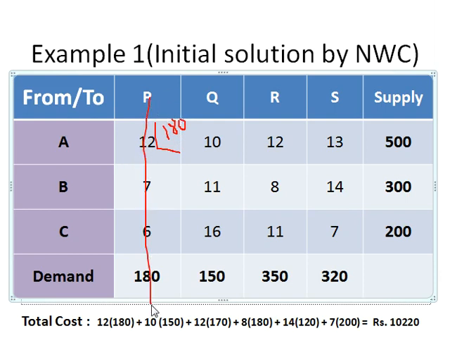We have to remove the 180 quantity from this supply. So we write down the remaining quantity, or you can remember it simply. What is the remaining quantity? That is 320.